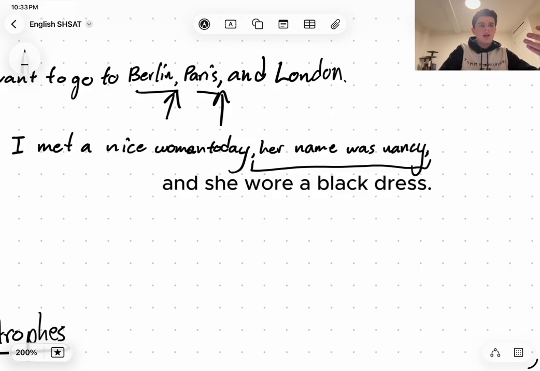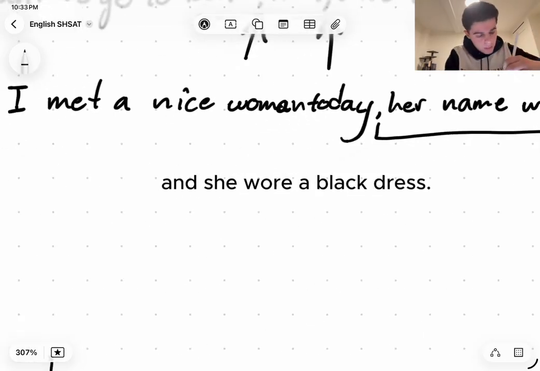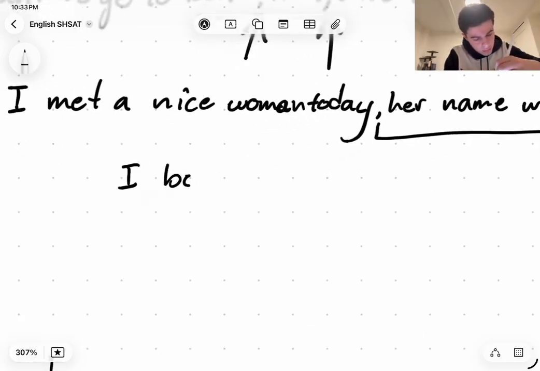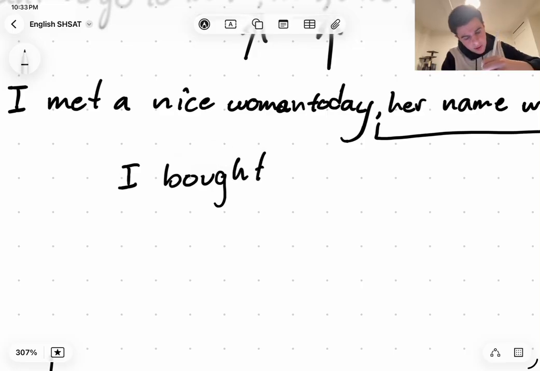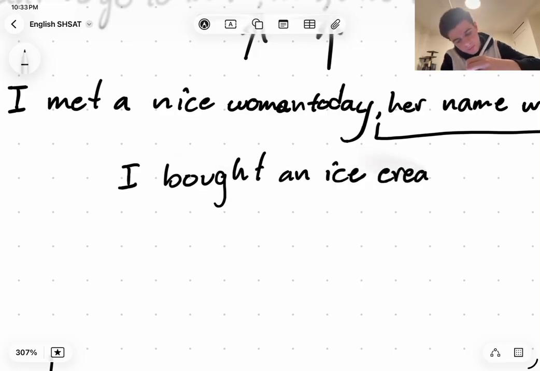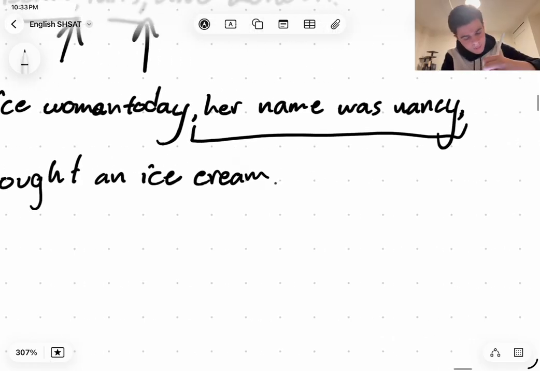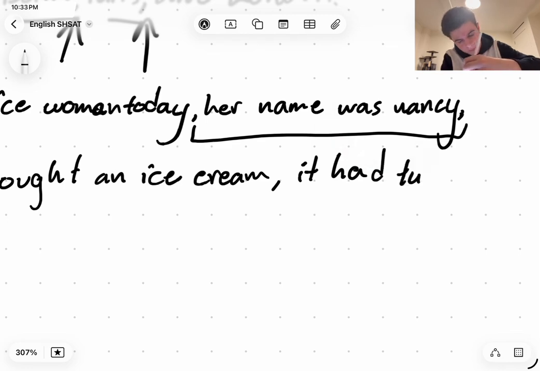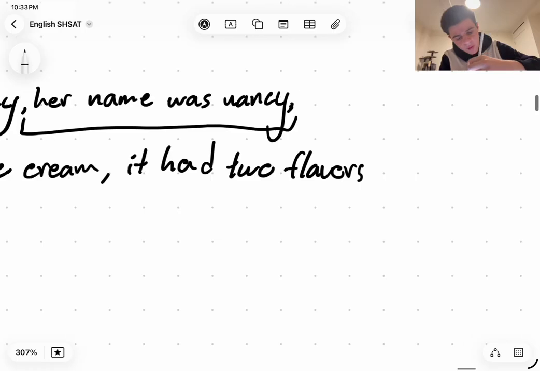So if I say, I bought an ice cream, it had two flavors, for $5.